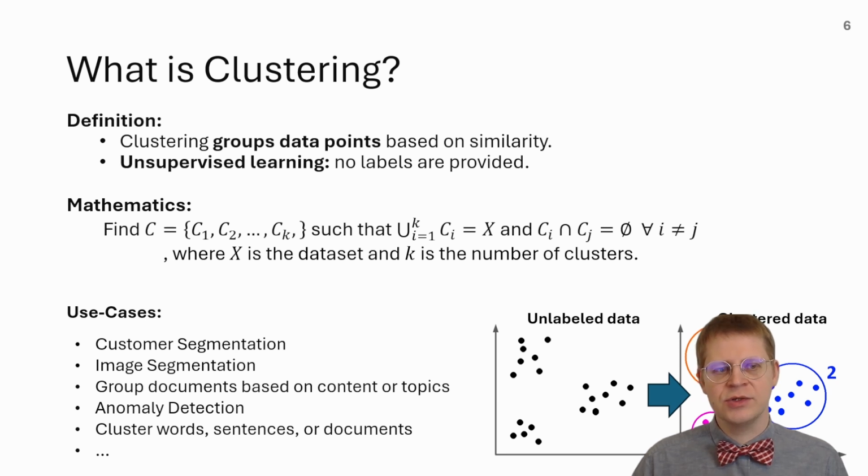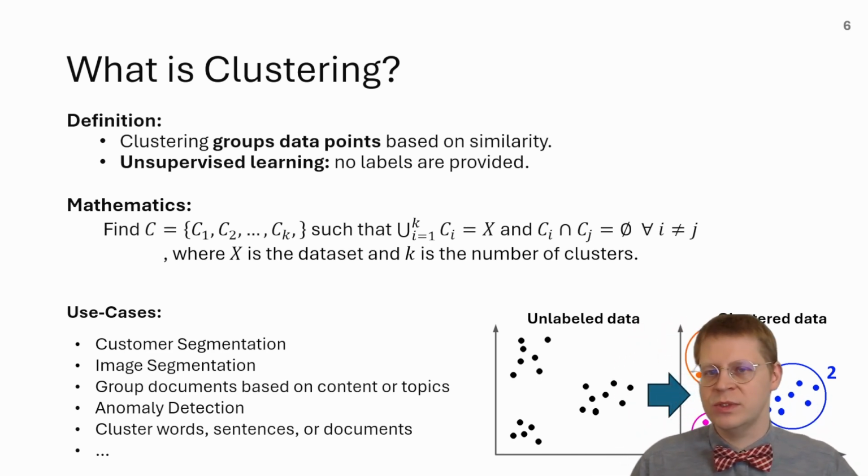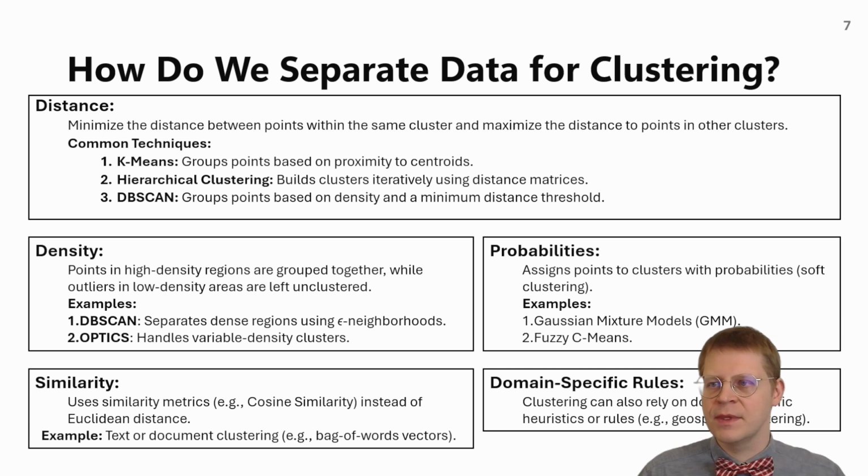Mathematically, clustering aims to partition the dataset X into K clusters that are as compact and distinct as possible. Just like in the image, we have unlabeled data, and then we have labels that we detected as clusters.